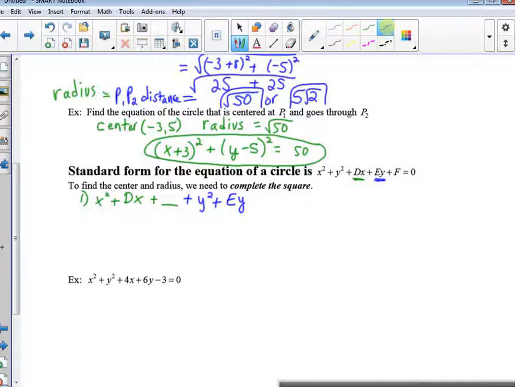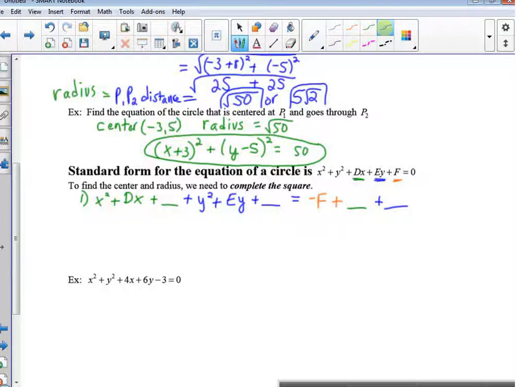E is whatever number in the problem, plus blank equals, and on the other side, you would put -f. You would subtract f. And then you would have plus whatever you added on that left side also needing to be added on the right side.